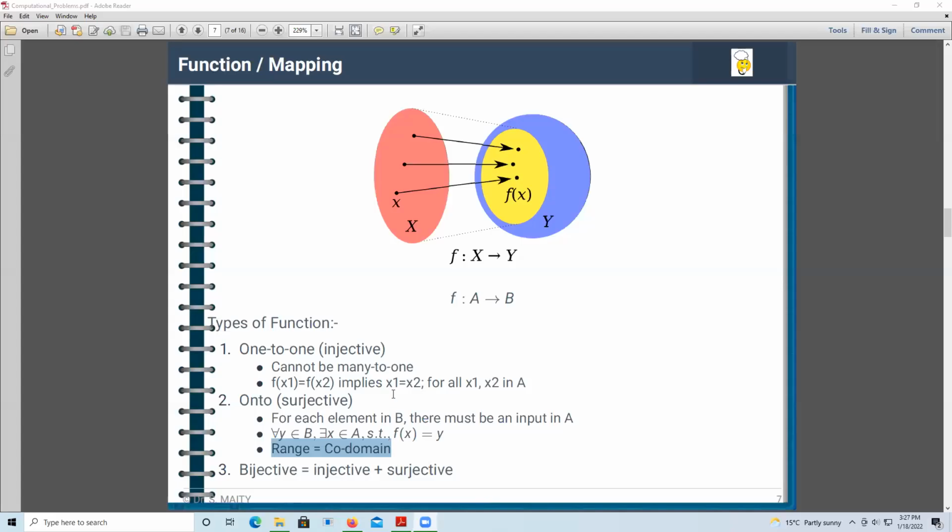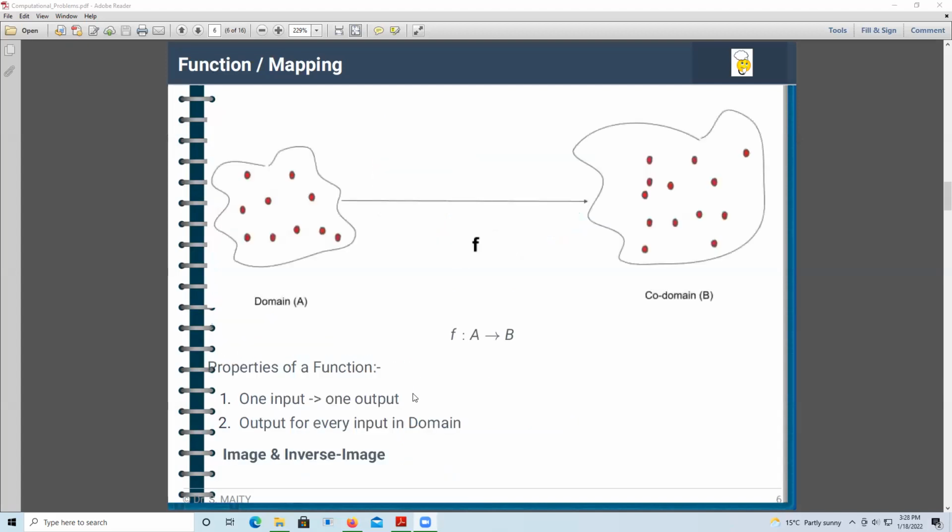Okay. So for one-to-one and onto, maybe we have confused the whole thing, so let me summarize. For a function, the definition is that for one input, we should have one and exactly one output. If only this much is satisfied, then that is a function. No other requirement is needed.